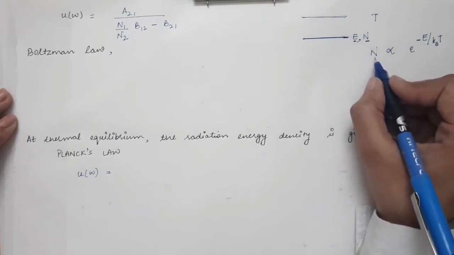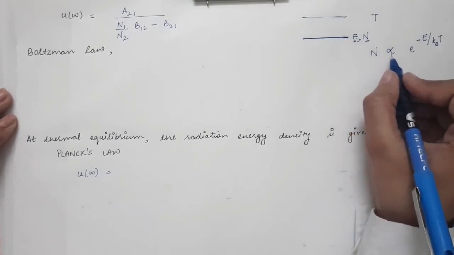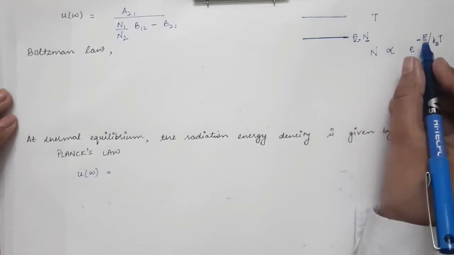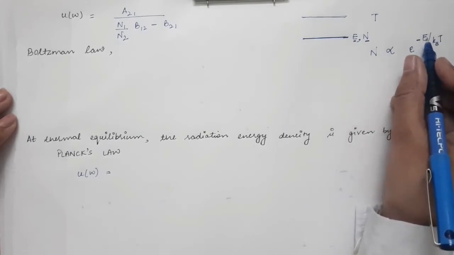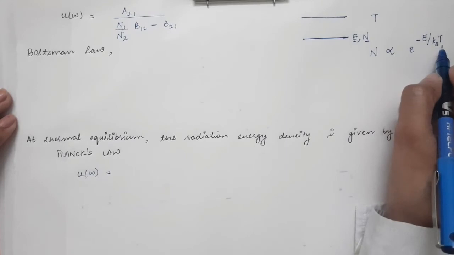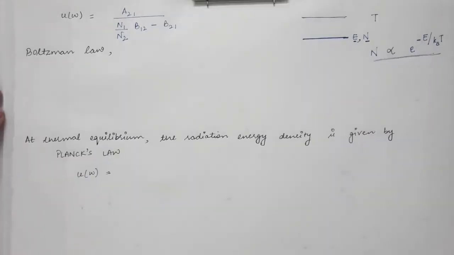So the number of atoms that occupy a particular energy level is proportional to e power minus the energy of that state divided by kBT. So kB is the Boltzmann constant. This is the Boltzmann law.